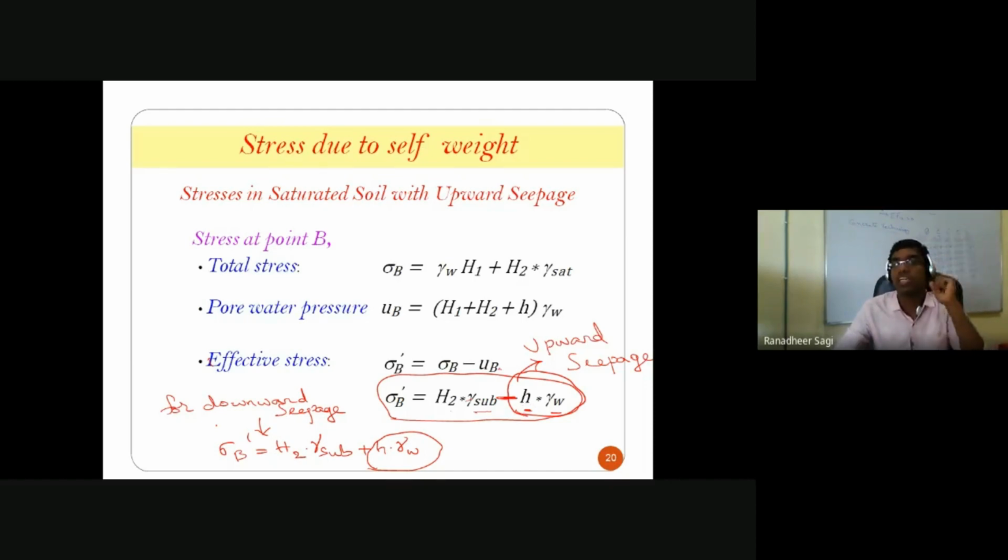And because of this decrease in the effective stress value, the strength of that particular soil at point B, where the flow is entering the soil sample in the upward direction, is decreasing.